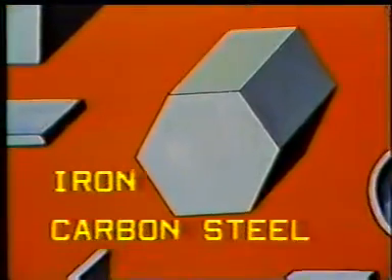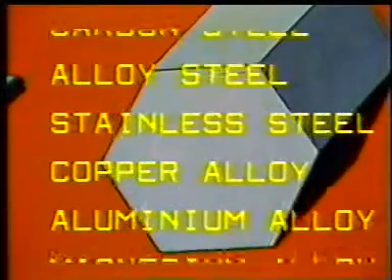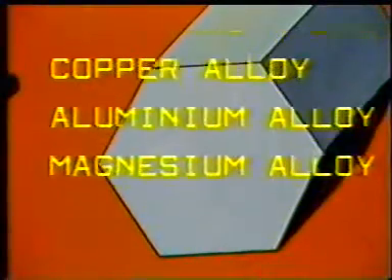Commonly rolled and re-rolled materials are iron, carbon steel, alloy steel, stainless steel, copper alloy, aluminum alloy, magnesium alloy. Another process for producing complicated sections and structural members which cannot be produced by rolling is the process of extrusion.